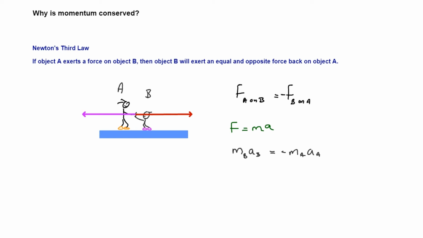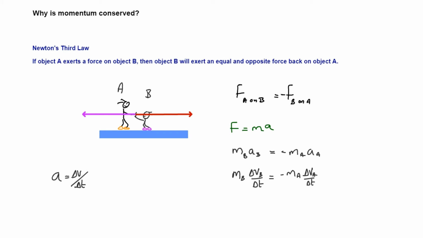Now I'm going to remember my definition of acceleration, because acceleration is just the rate of change of velocity, as we know from mechanics. So I substitute into the equation: the mass of object B times the rate of change of velocity of object B, delta v B by delta t, is equal to minus the mass of A times the rate of change of velocity of A, delta v A by delta t.